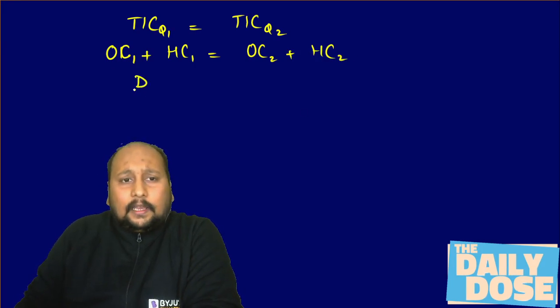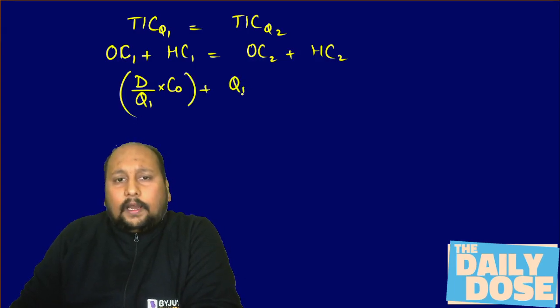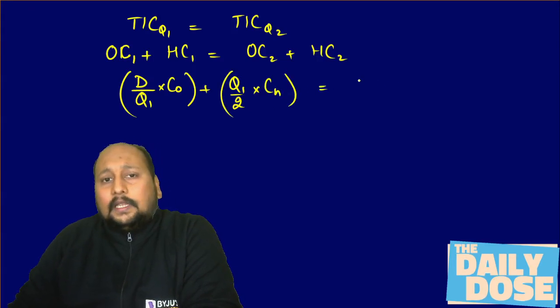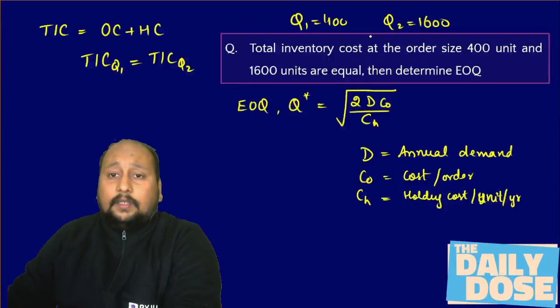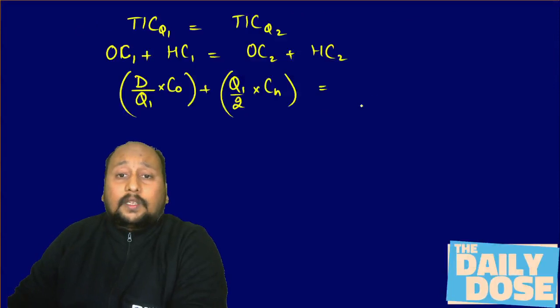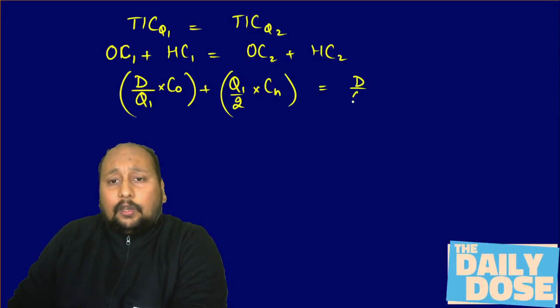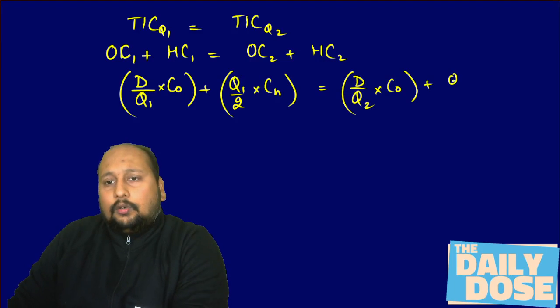That is D by Q1 into CO, plus Q1 by 2 into CH. This is your annual holding cost, right? This is equal to the cost for the second order size, that is 1600. I'm assuming Q2 is equal to 1600. So we can say D by Q2 into CO plus Q2 by 2 into CH.